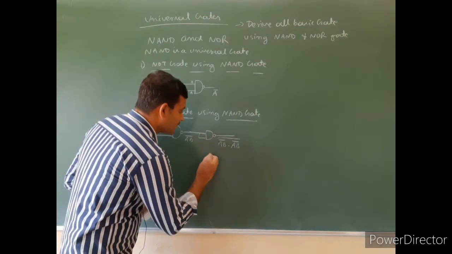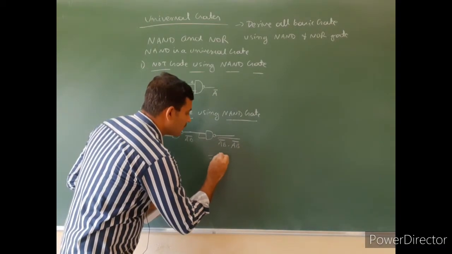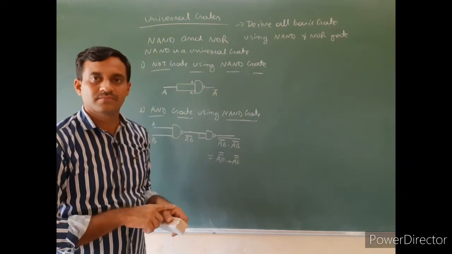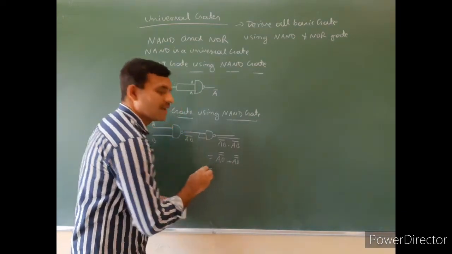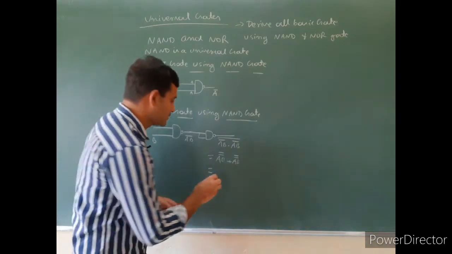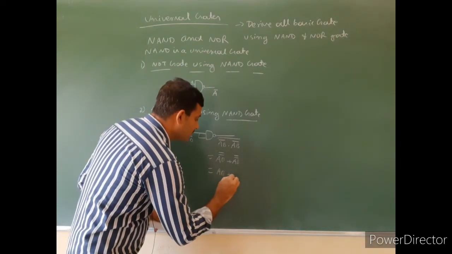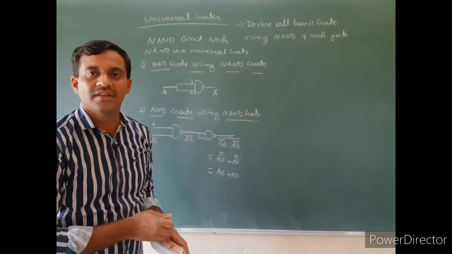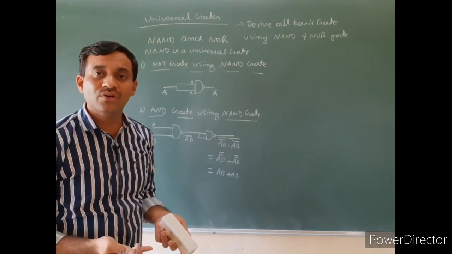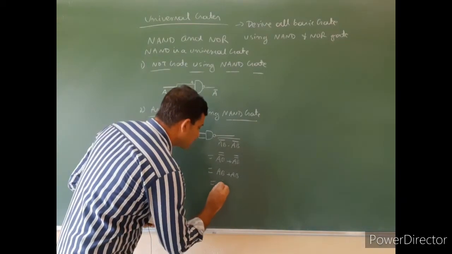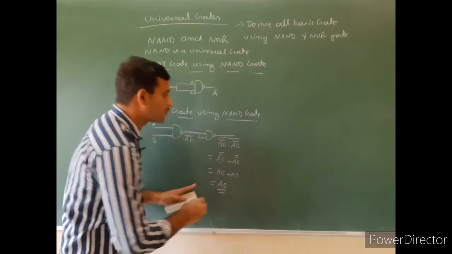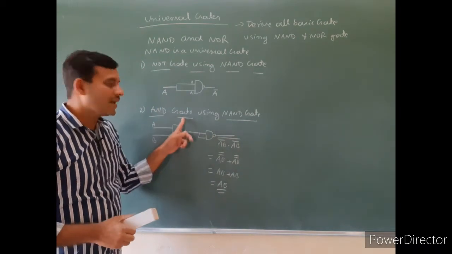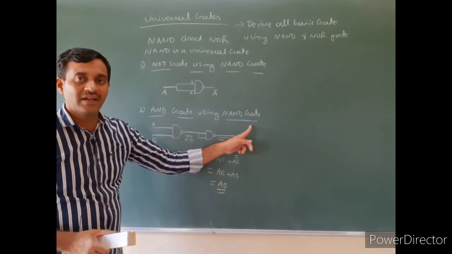Then it becomes AB double bar plus AB double bar. Then X double bar is equal to X, so it becomes AB plus AB. Then we know that X plus X is equal to X, so it becomes AB. What is AB here? It is the output of the AND gate. Hence we have proved the AND gate output using the NAND gate.